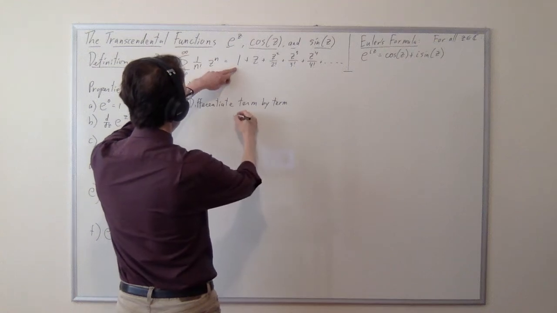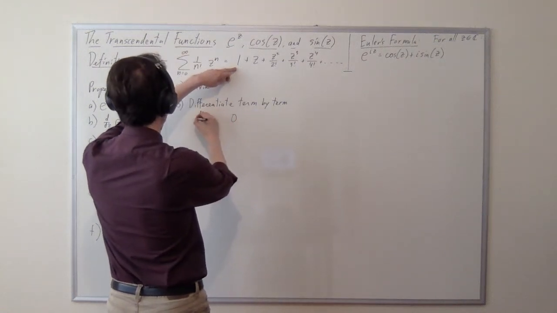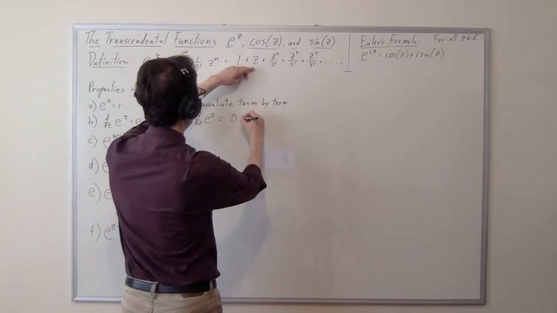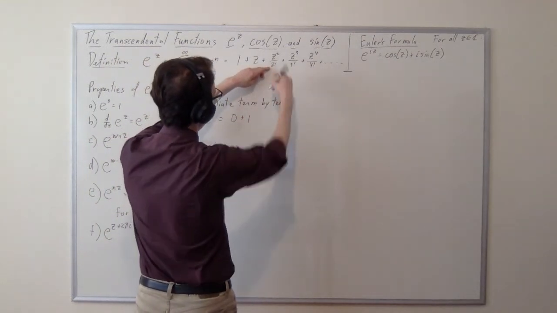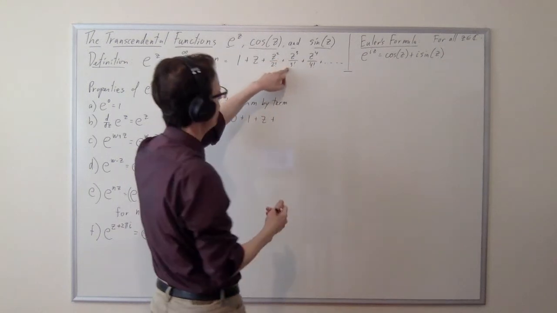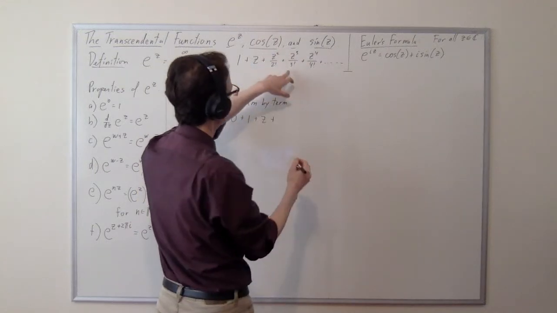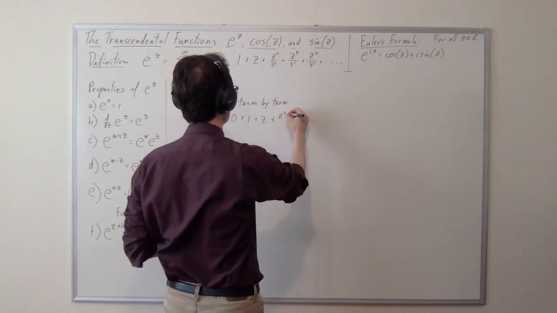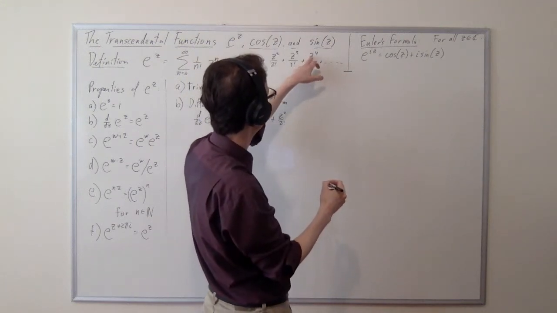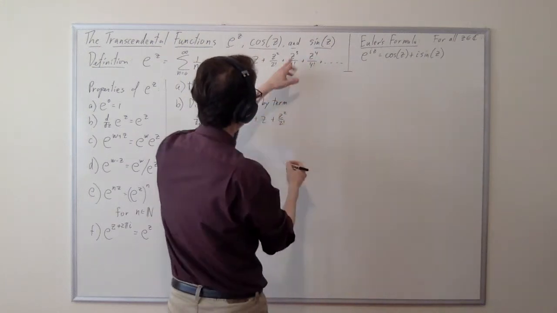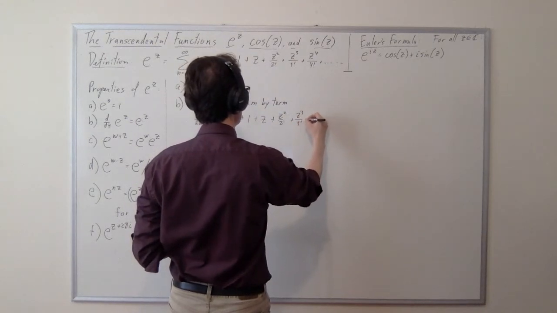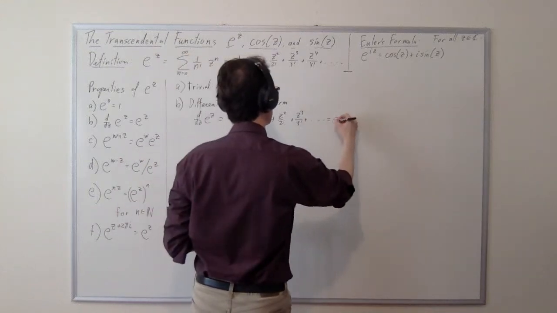The derivative of 1 is 0, the derivative of z is 1, the derivative of z squared over 2 factorial is z, the derivative of z cubed over 3 factorial is 3z squared over 3 factorial. The 3's cancel, and that leaves us z squared over 2 factorial. The derivative of z to the 4th over 4 factorial is 4z cubed over 4 factorial. The 4's cancel, and that leaves z cubed over 3 factorial. And we continue this way, and that, of course, is e to the z.